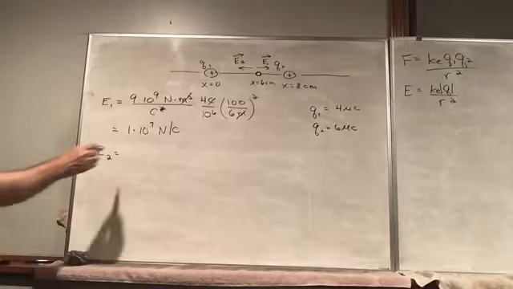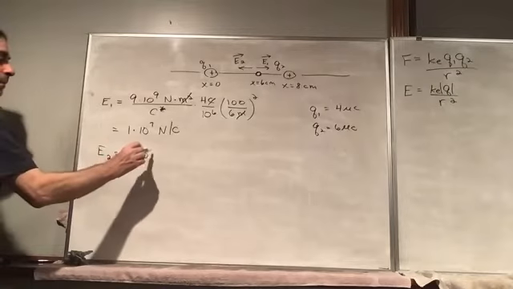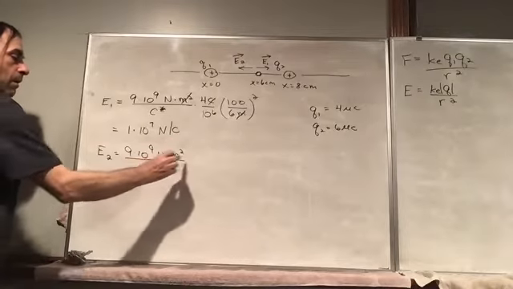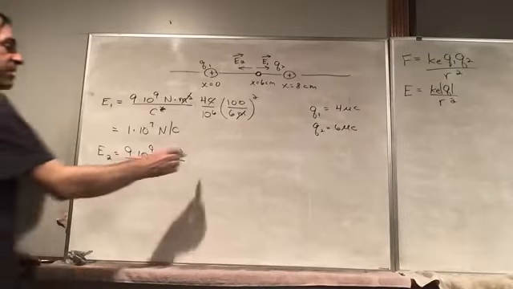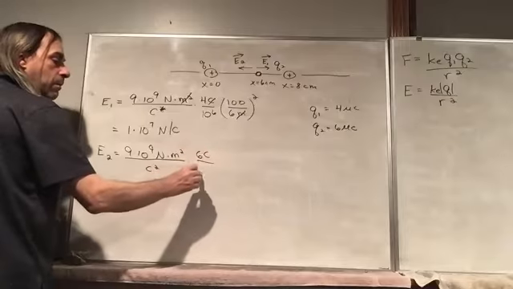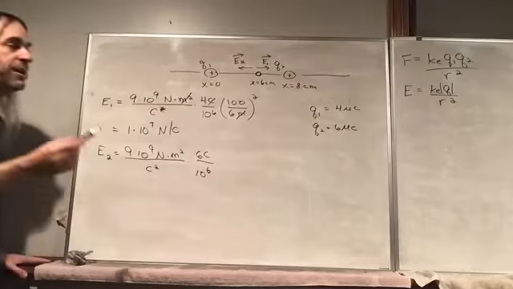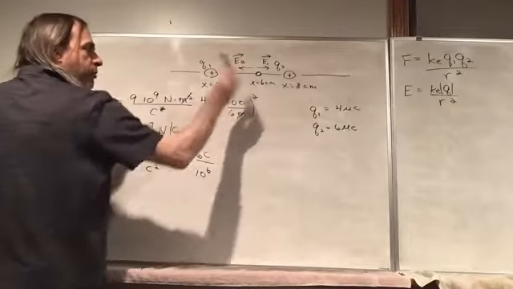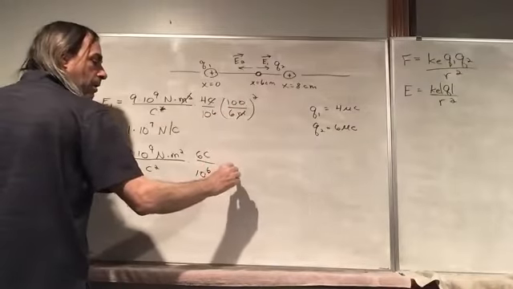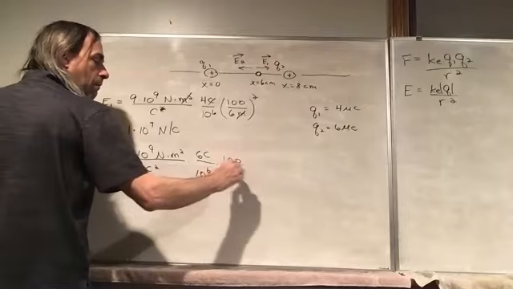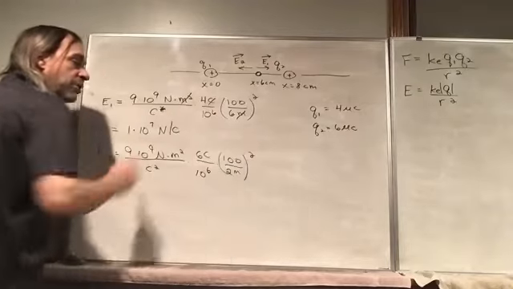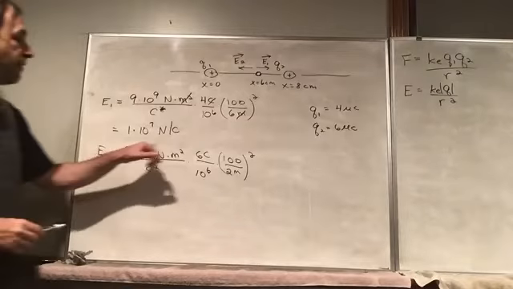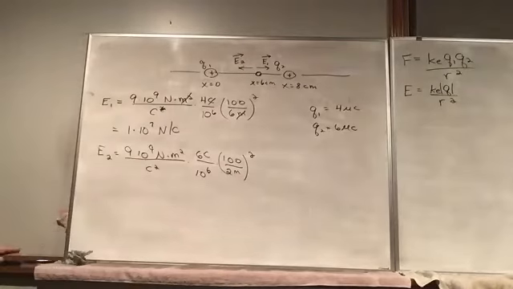Now E2, kind of the same thing. So Q2 is 6 microcoulombs. And then the distance is 2 centimeters. We're going from the charge to the point in question, from 8 to 6. And we have to square that. So this one, 9 times 6 is 54 divided by 4.